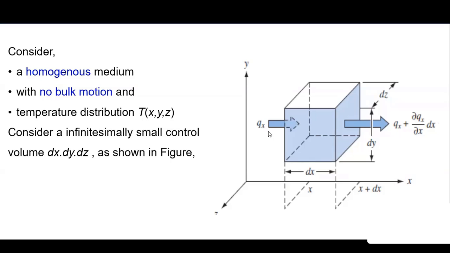Similarly, we can have different conduction rates in y and z direction. It means that the element is having heat conducted in and out in all the 6 directions. It means that for conduction in these 3 directions, in and out, in total we will get 6 equations for the conduction.